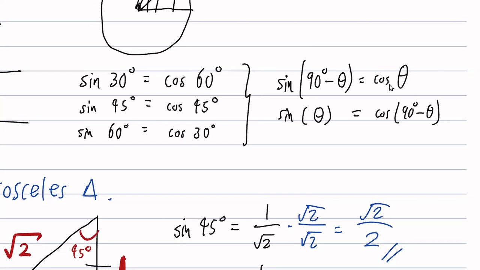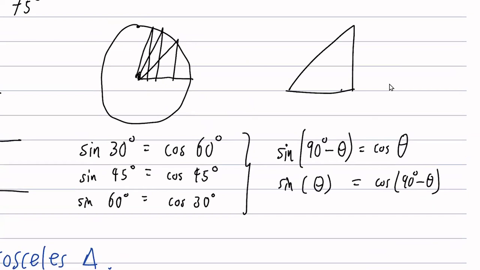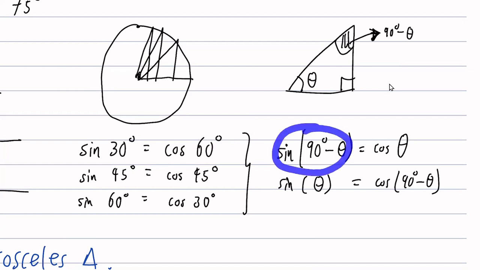Okay? How do you prove this? You can just draw a triangle. If here is 90 degrees, here is theta, what will the other angle at the top be? It must be 90 minus theta. Then from there you can work out sine of 90 minus theta versus cosine of theta. Adjacent over hypotenuse, opposite over hypotenuse.